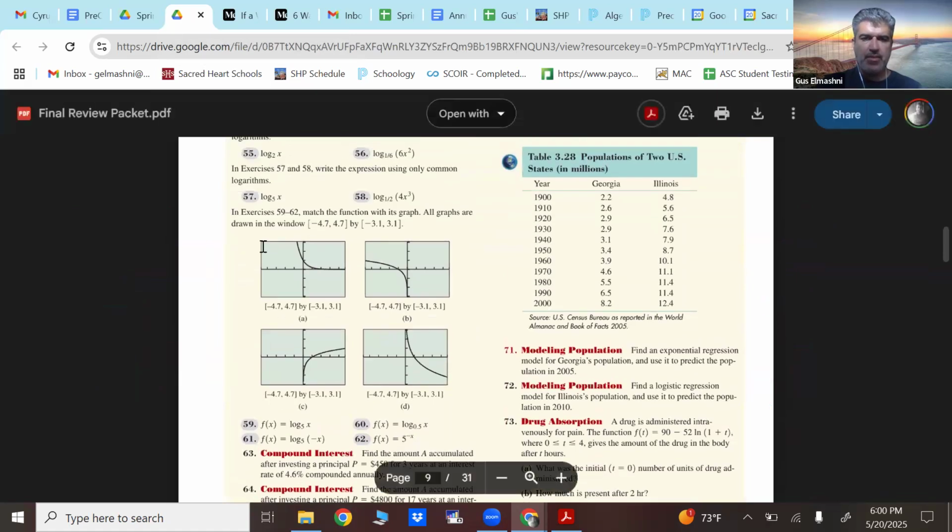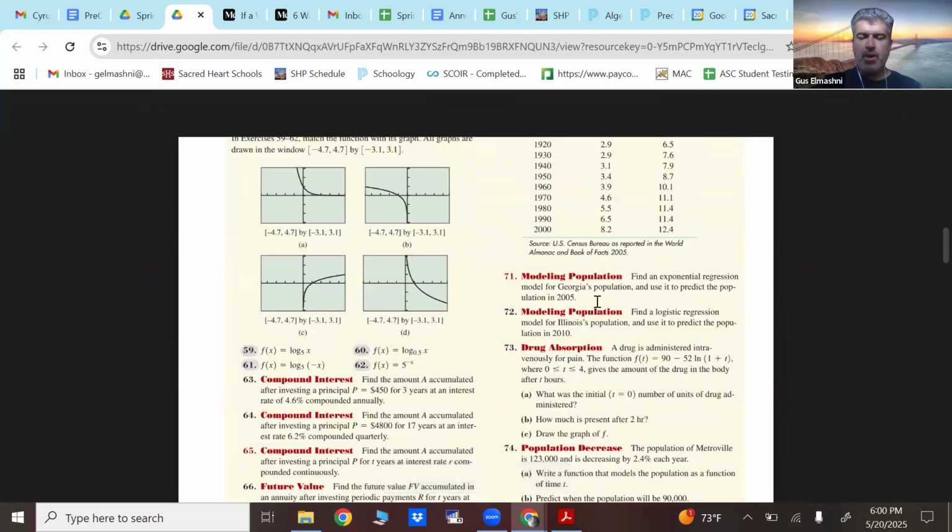That's the matching. So I'll let you kind of look through and tell me what you think. Okay. f of x equals log to the fifth x.